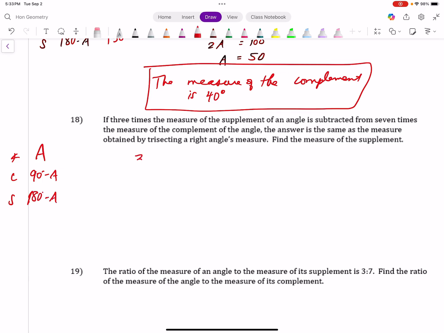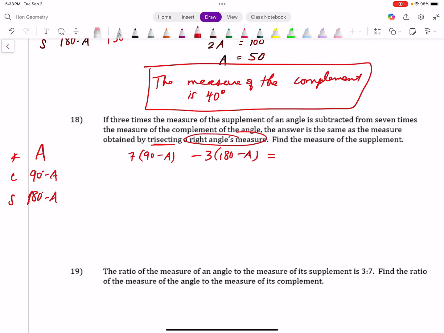So if 3 times the supplement is subtracted away from 7 times the complement, it's the same measure as trisecting a right angle's measure.